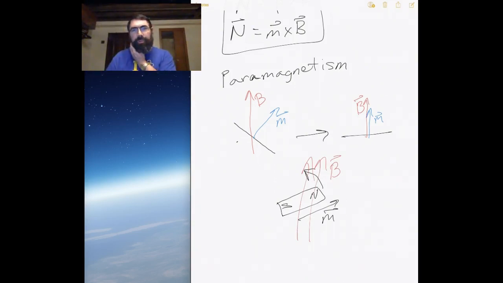Now, of course, the fundamental unit of magnetic charge is not a magnet, but a current loop. I don't know which picture is easier for you to remember, either thinking of rotating magnets or of these current loops that have a specific shape and are just spinning around some axis.